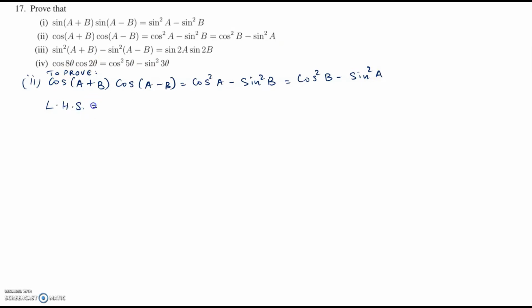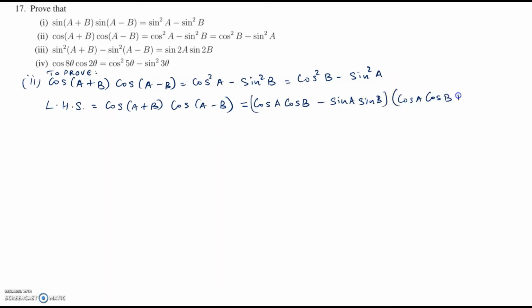LHS will be equal to cos(a+b) into cos(a-b), which is nothing but cos a cos b minus sin a sin b, the whole thing into cos a cos b plus sin a sin b.